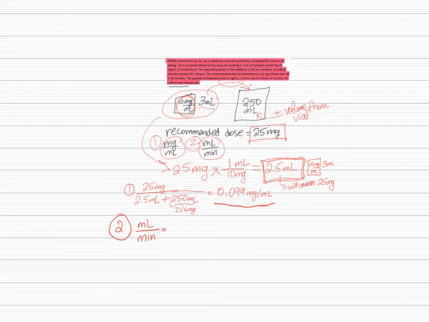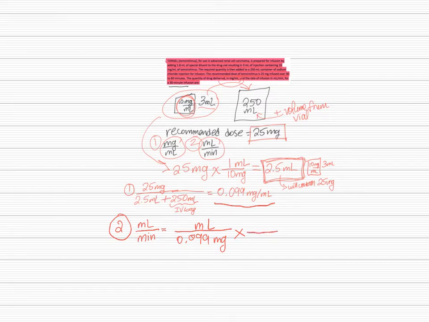So I need to set it up such that I have milliliters in the numerator and minutes on the bottom. So what I'm going to do is flip my answer from the first unknown, and I'm going to do 0.099 mgs on the bottom and mLs at the top.